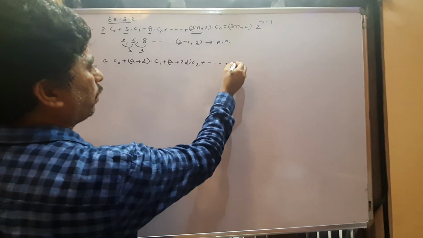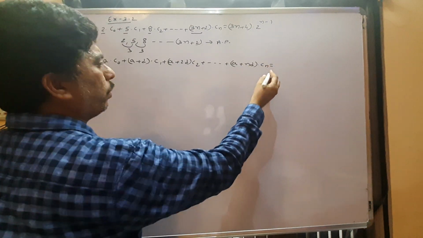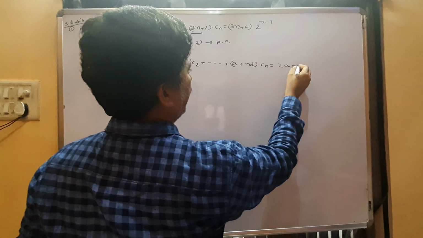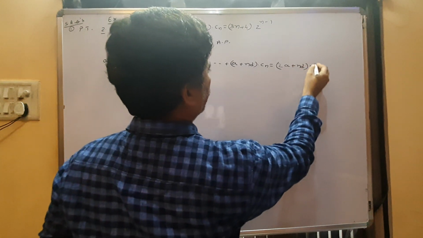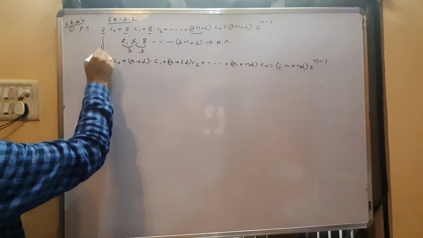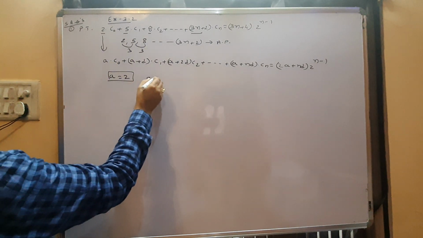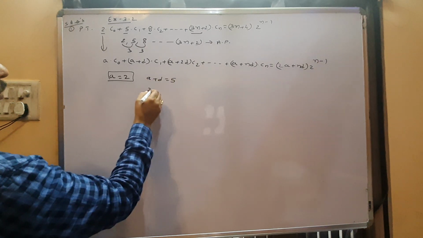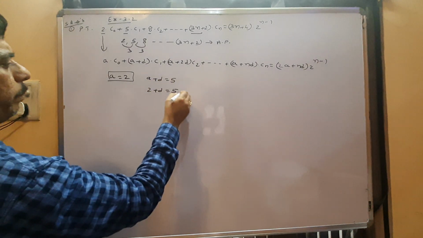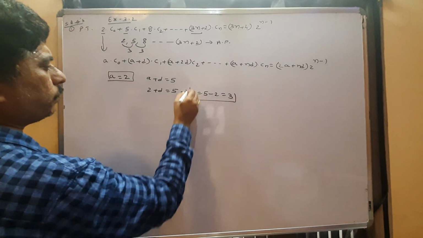plus and so on, (a plus nd) into Cn, equal to (2a plus nd) into 2 power n minus 1. So C naught coefficient is a, so a is 2. a plus d value is 5, 2 plus d equal to 5, that implies d equal to 5 minus 2, 3.